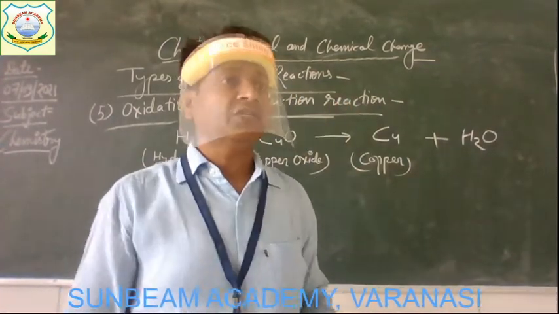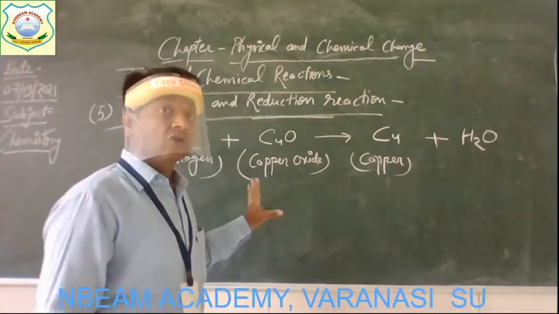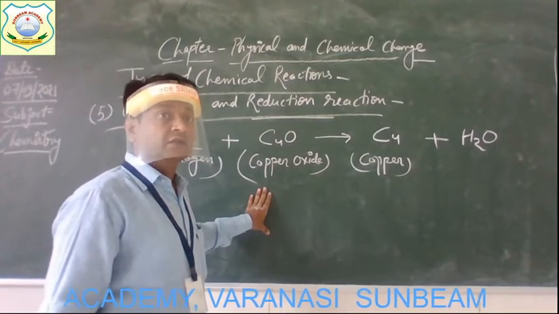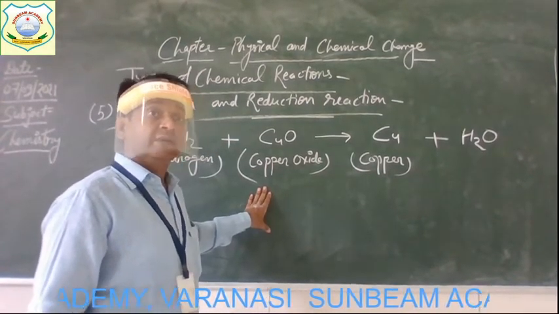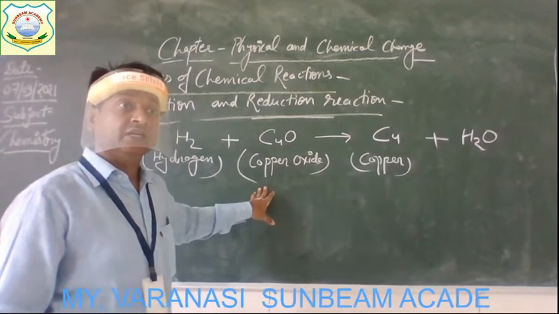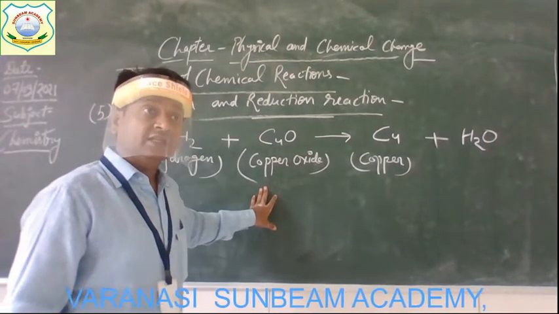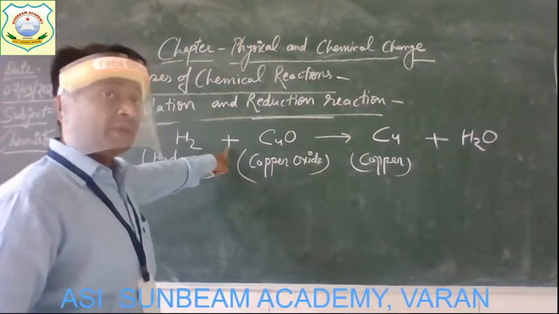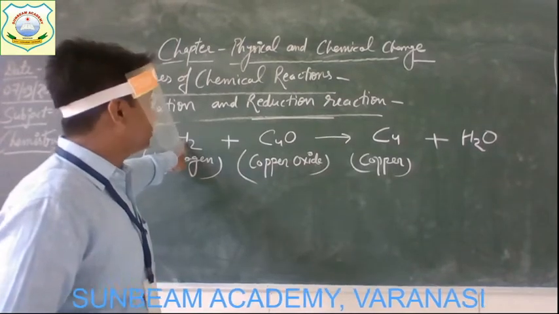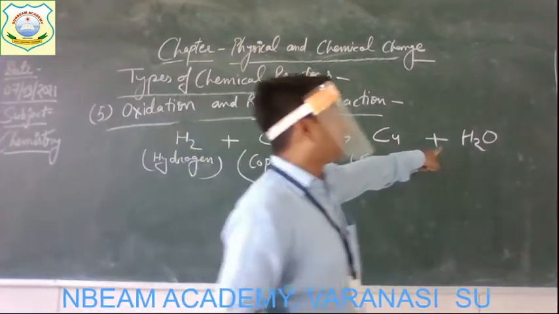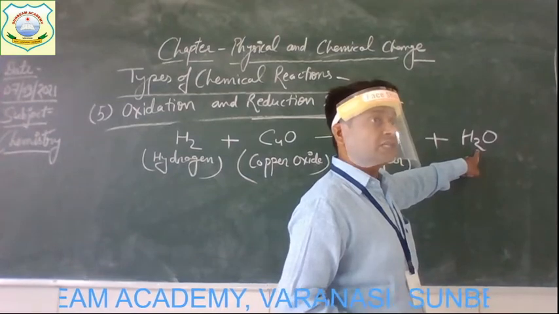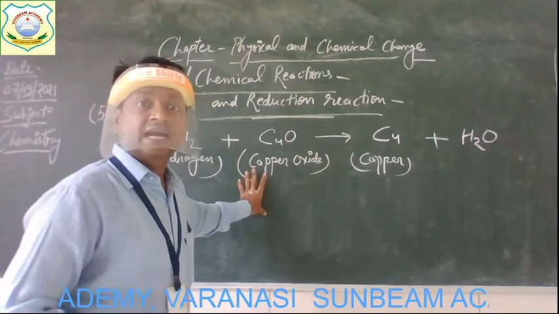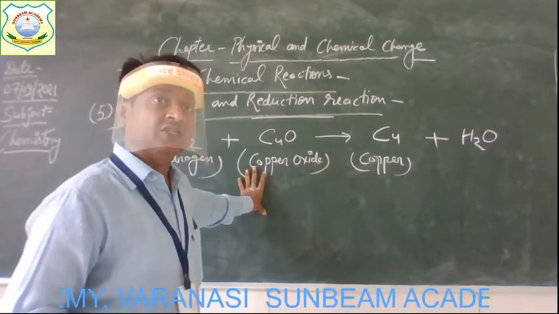This is the chemical reaction which shows that reduction occurs here. Remember what I told you: in a reduction reaction, either hydrogen gets added or oxygen gets removed. What happened here? Hydrogen adds with oxygen and forms water. Hydrogen gets added, so we can say this is a kind of reduction reaction.